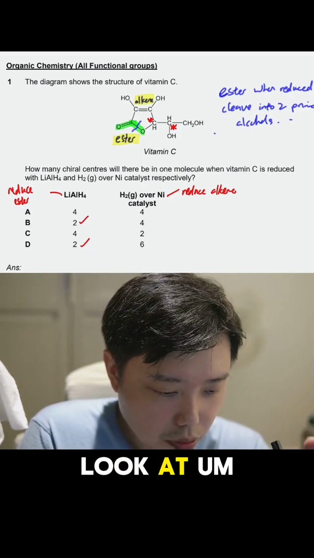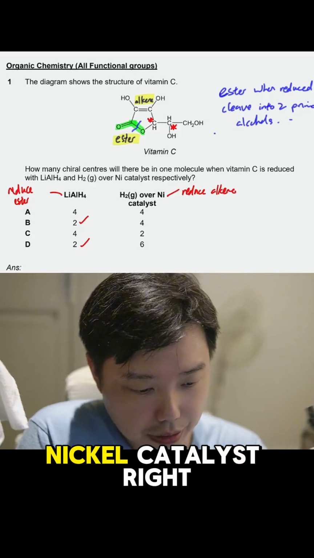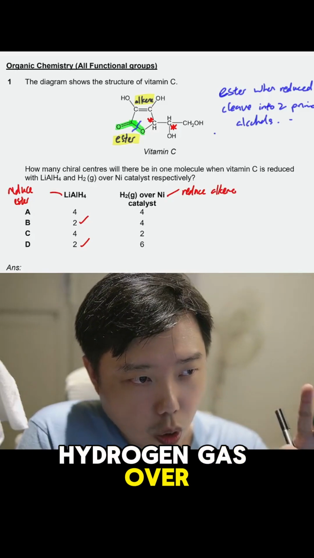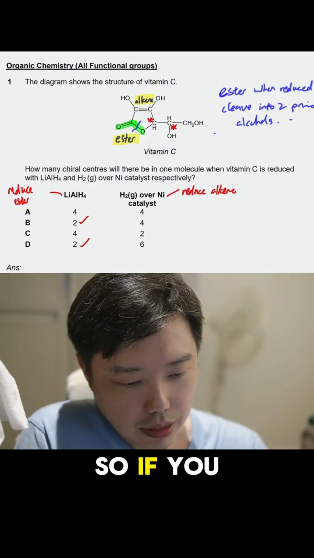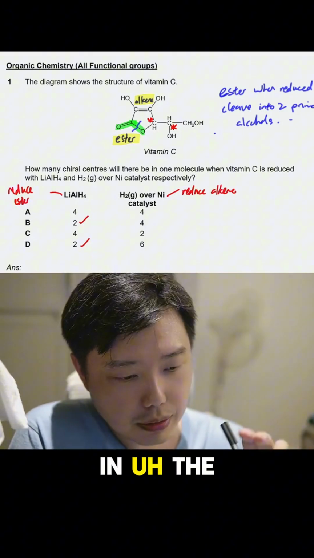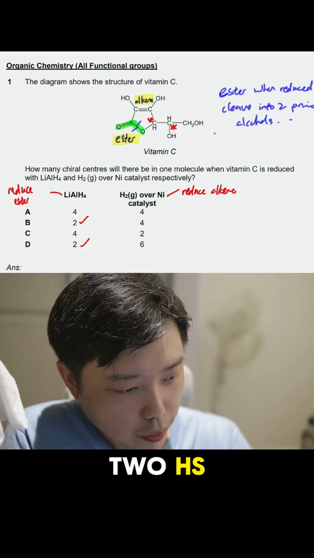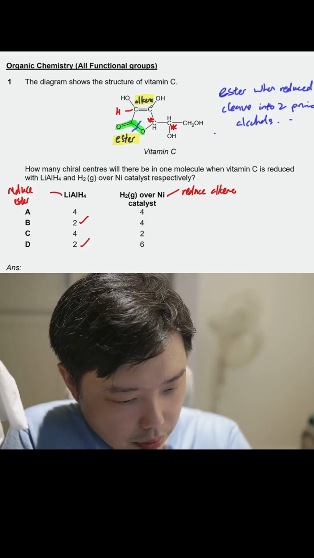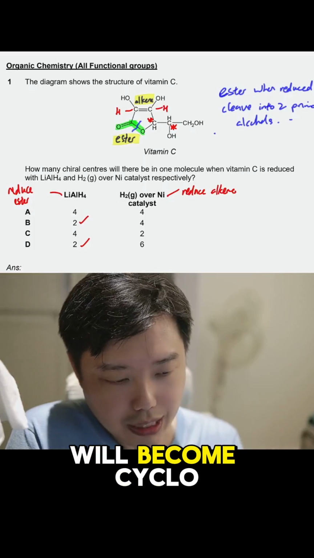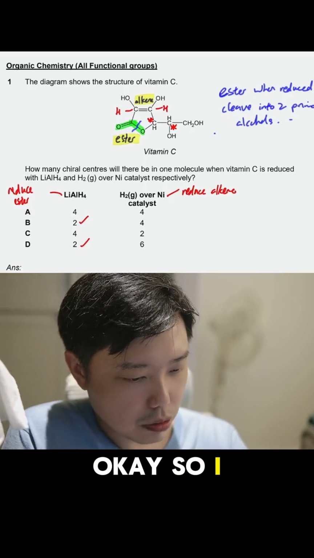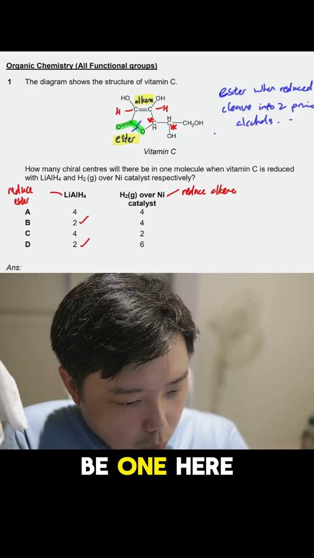Now let's look at hydrogen gas over nickel catalyst. Hydrogen gas over nickel catalyst will only reduce alkenes. Okay, so if you imagine you go and put in the two H's, then how many of your carbons will become chiral carbons? Okay, so I think there will be one here.